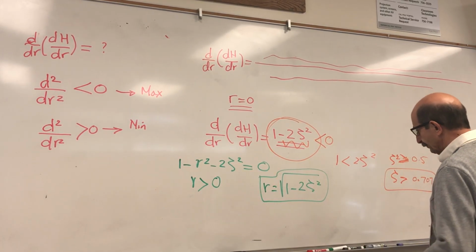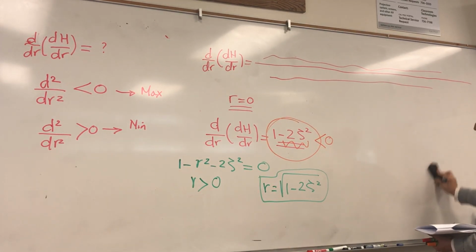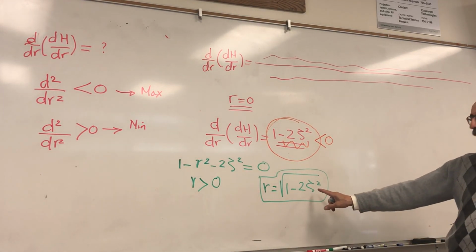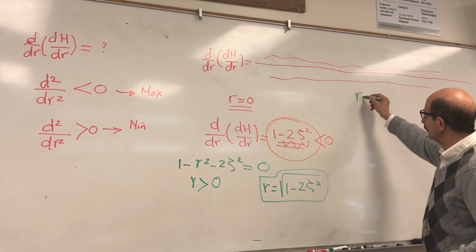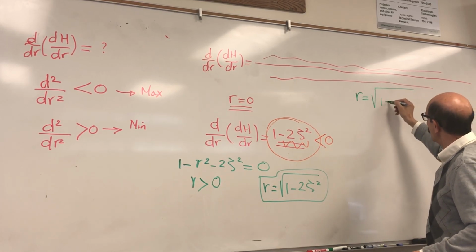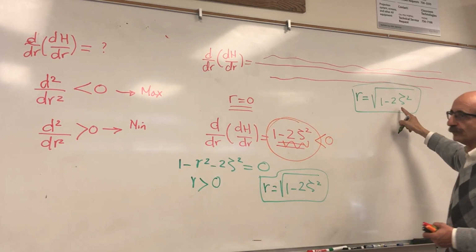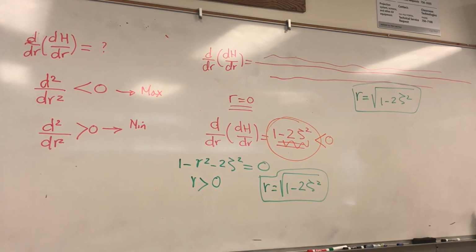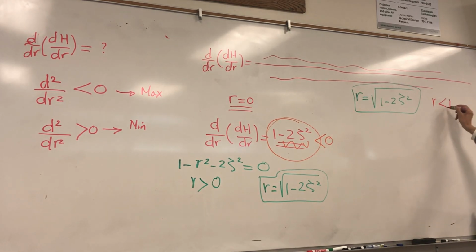So R is positive, okay? And what happens? That means zeta is always less than 1, we know that. In 1 minus 2 zeta squared, since zeta is always less than 1, what does that mean? That means R is always less than 1, right? You can see that.